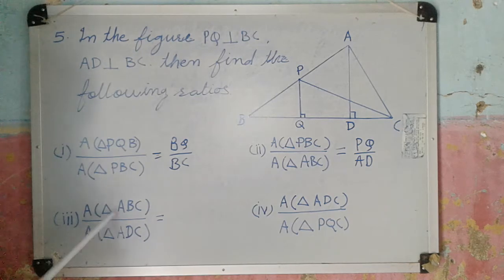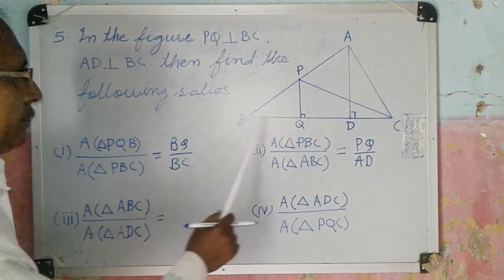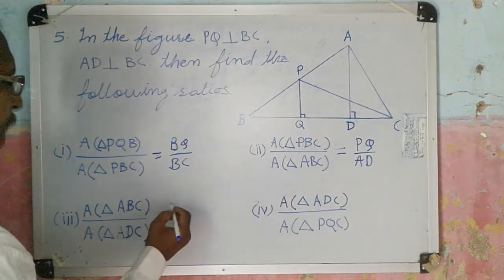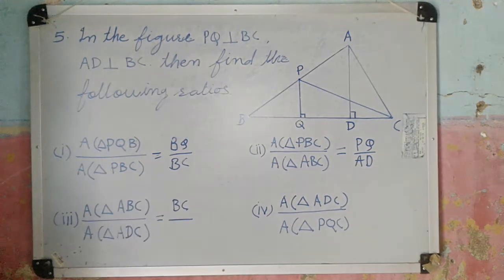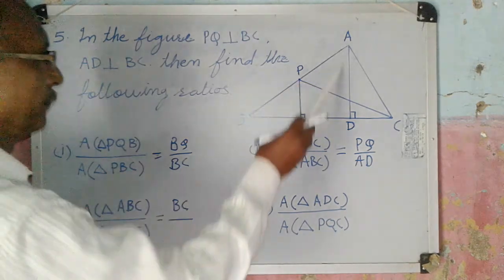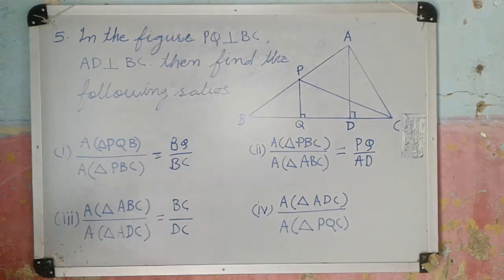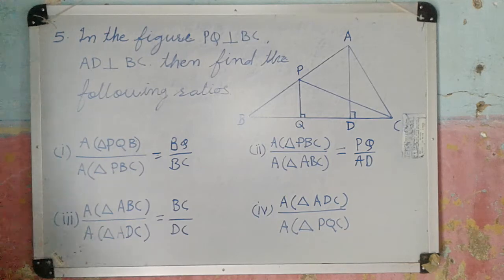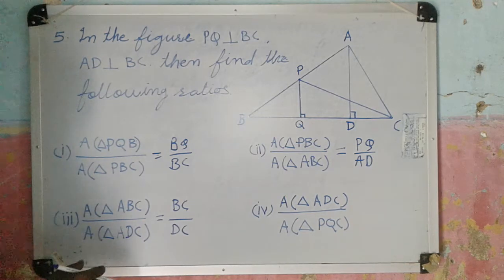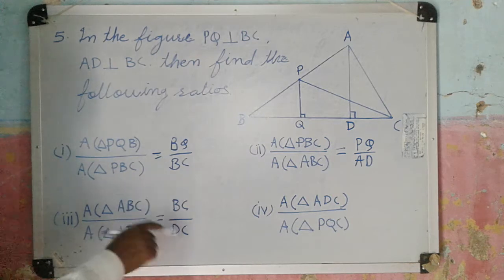So this ratio will be equal to BC upon DC.